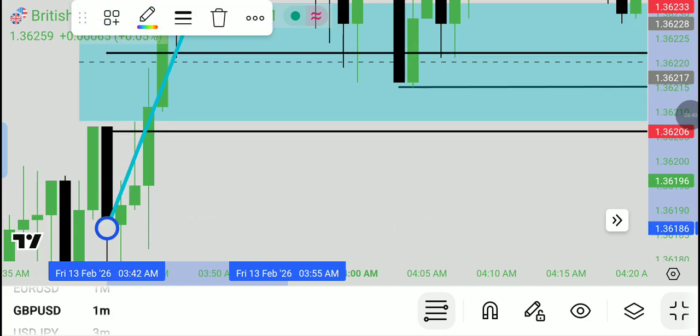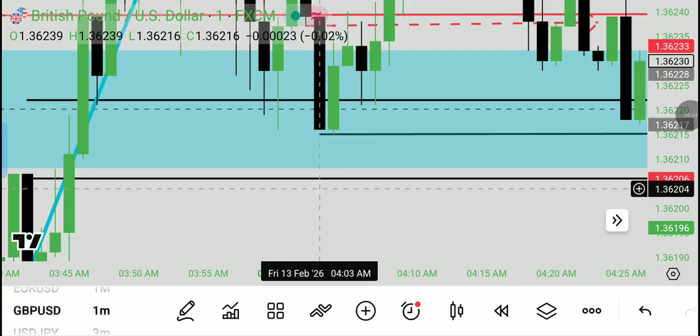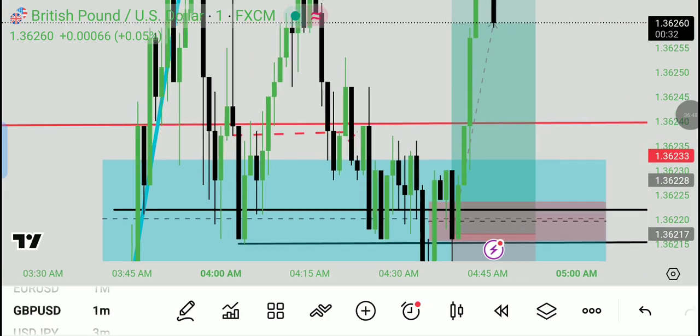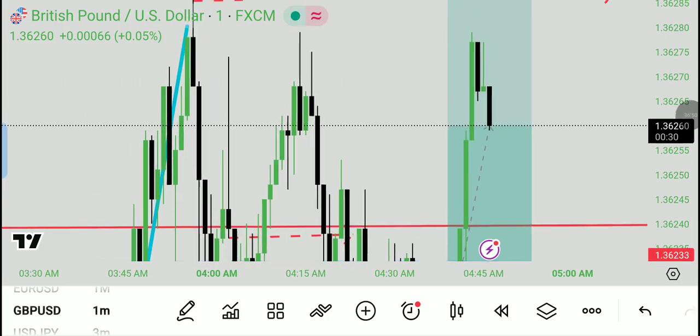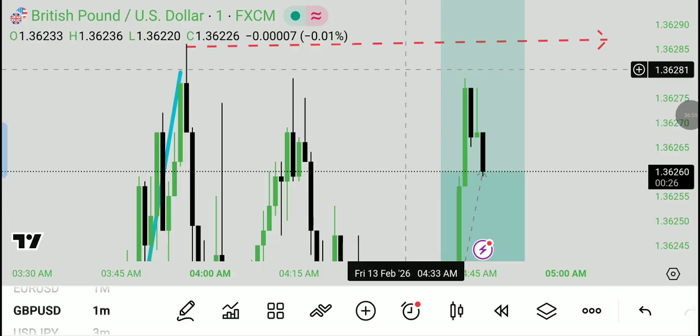From Dancy-Gang boss, the candle that dropped in 4 o'clock started pushing high, and when it was pushing high, you can see it didn't take this out.